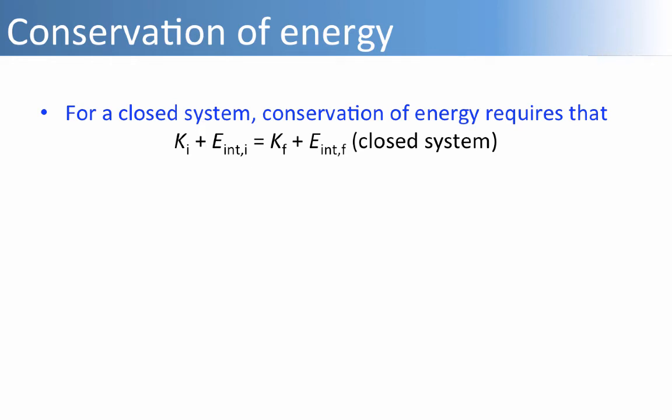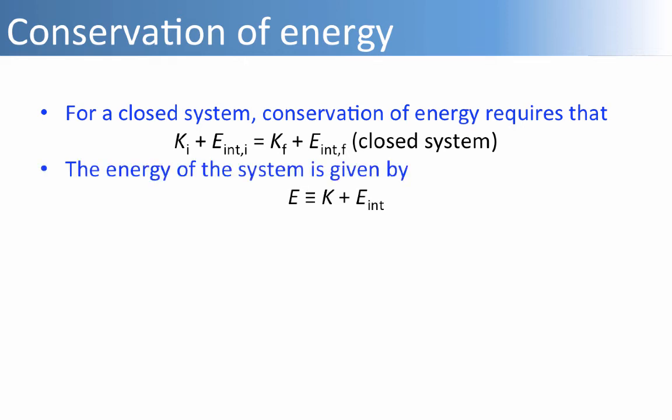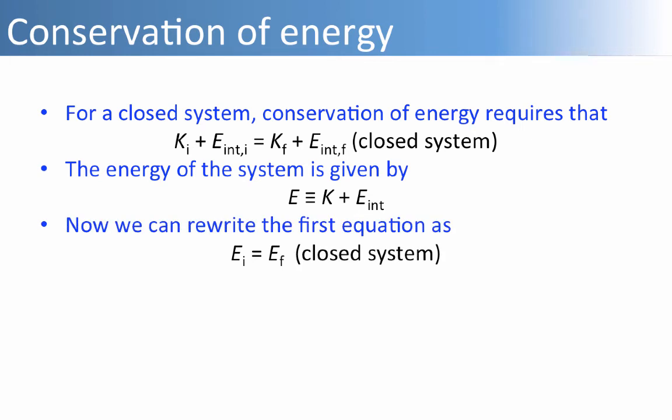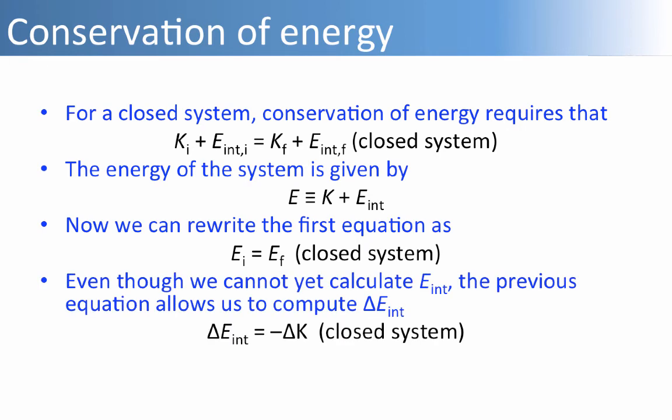So all of this in equation says that the initial kinetic plus internal energy equals the final kinetic plus internal energy. And the total energy of a system is E equals K plus internal energy. So we can just rewrite the first equation as initial energy equal to final energy, and we call that conservation of energy.